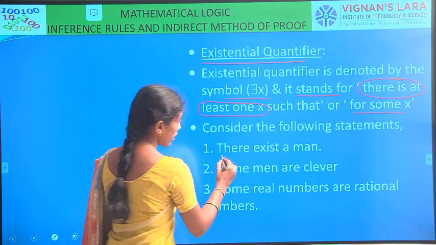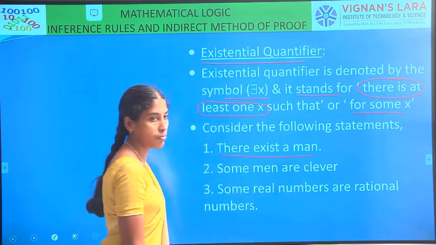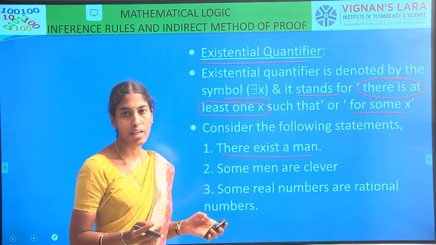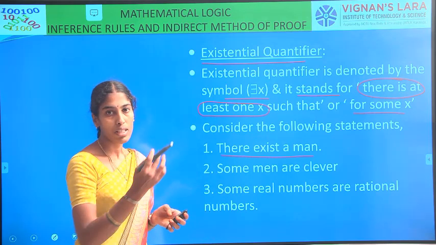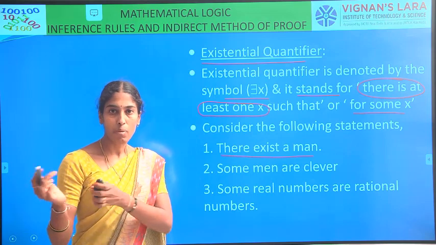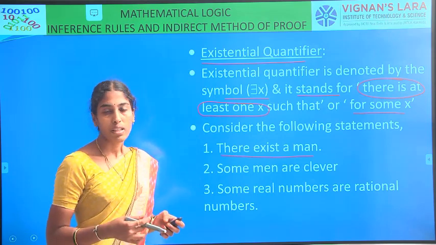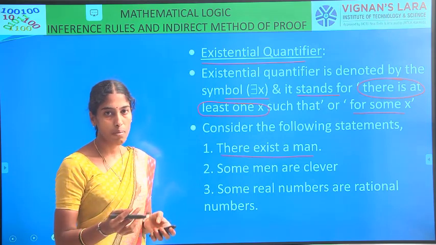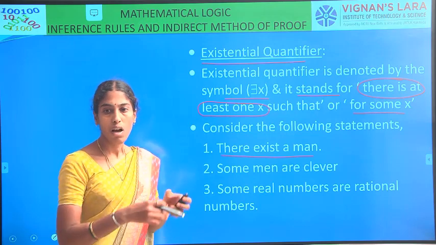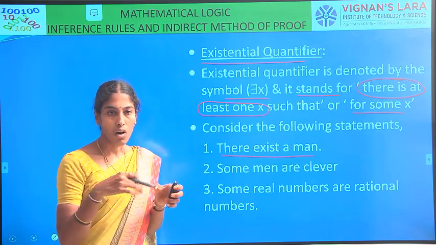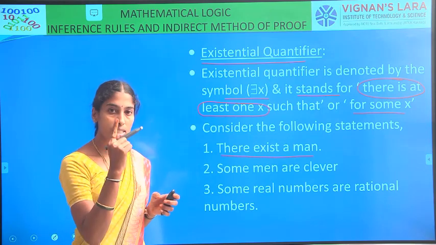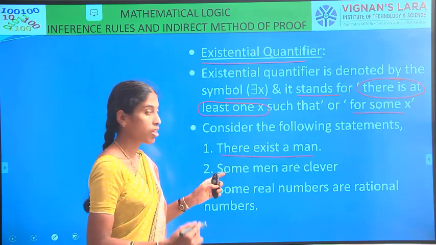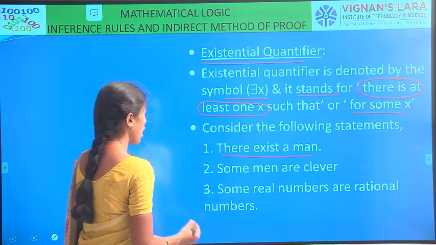See here, there exists a man. Suppose in one place, one man is there, one woman is there, and one animal is there. Now I am saying that in this room there exists a man. The meaning of that is all the human beings are not men, right? So there exists at least one person, which means there exists a man.